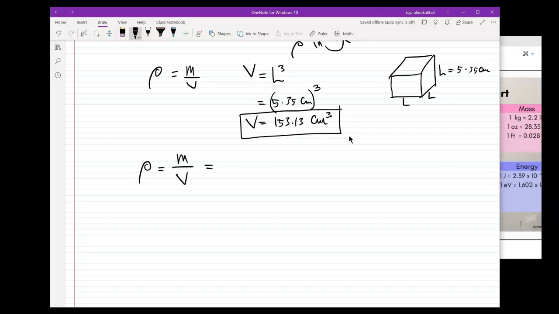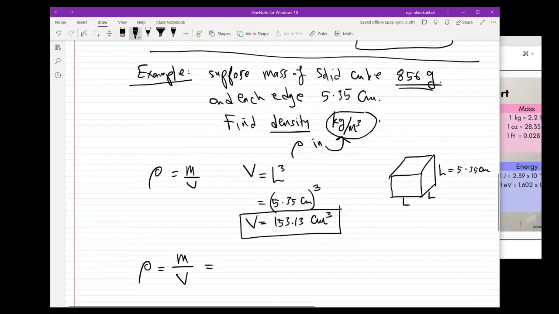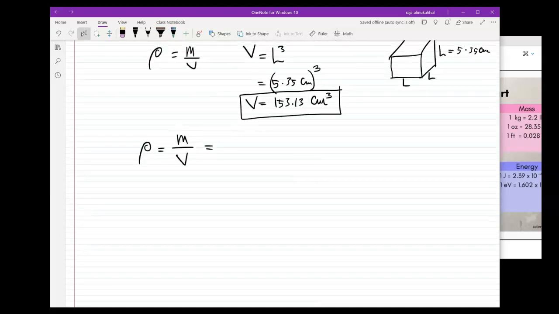So that will be equal to the mass, 856 grams, divided by the volume, which is right above me, 153.13 centimeters cubed, and then I would just divide them by each other. 856 divided by 153.13, answer.